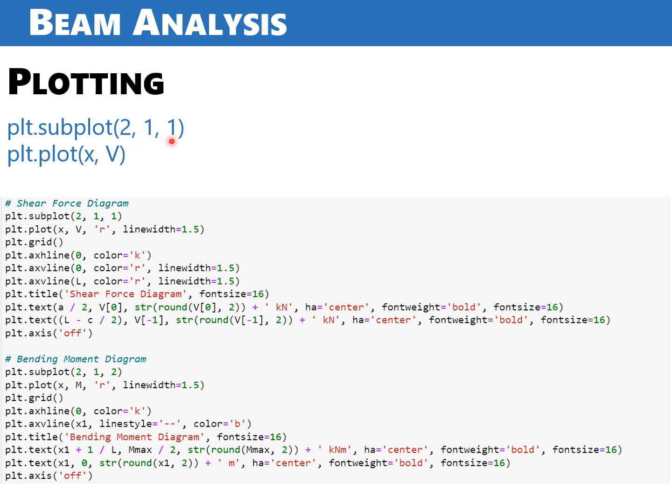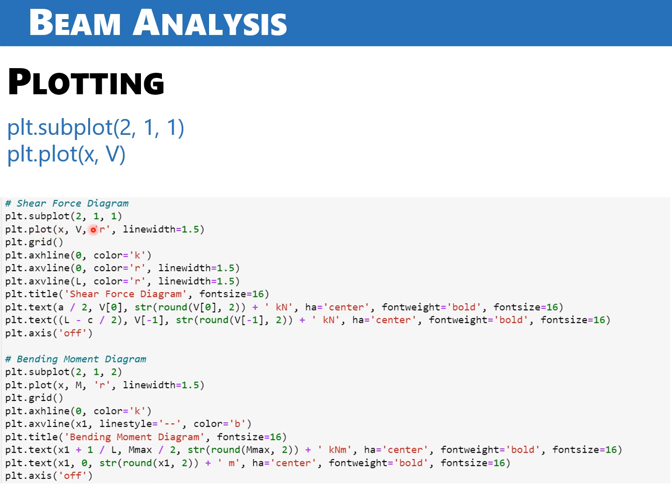2, 1, 1 means 2 rows, 1 column. This is the division of subplots, that we have divided a figure into two portions vertically but one portion horizontally. Out of them, in the first portion we are going to plot x, v, which means shear force diagram values.